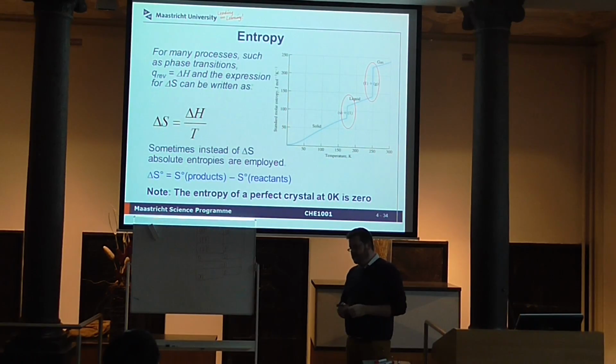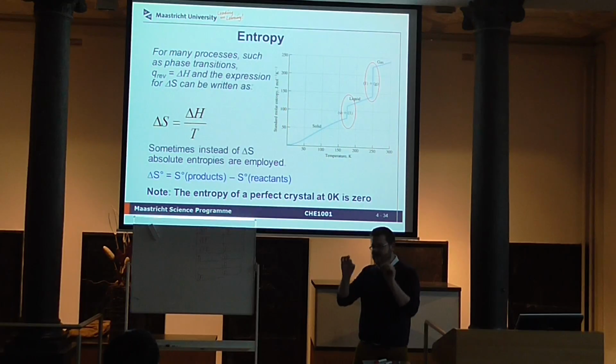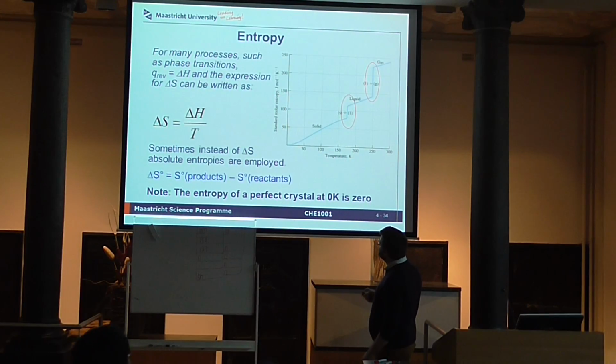Yes, exactly. The atoms fixed at lattice points in a crystal lattice are just going to be vibrating more, because there's more thermal energy, so the entropy increases. But the entropy shoots up when you have these phase changes.